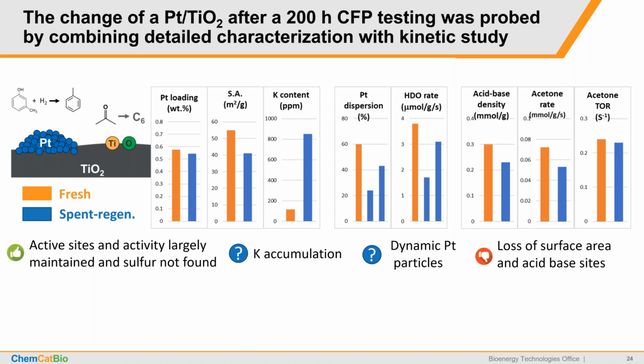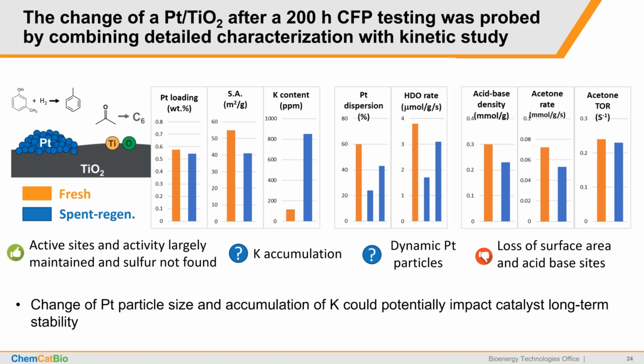We find that most of the acid sites were largely maintained, but there's some loss just because of surface area loss. With this preliminary characterization of spent catalyst, we found that changing platinum particle size and accumulation of potassium could potentially impact this catalyst lifetime in the longer term.